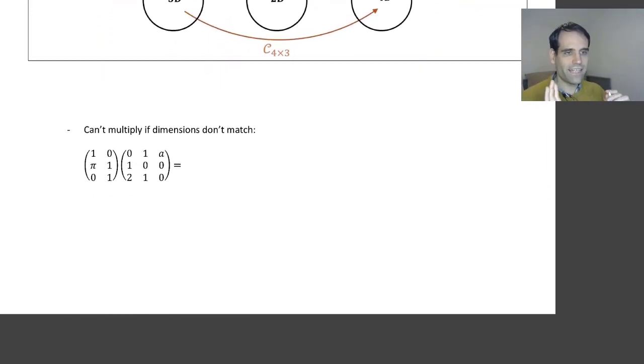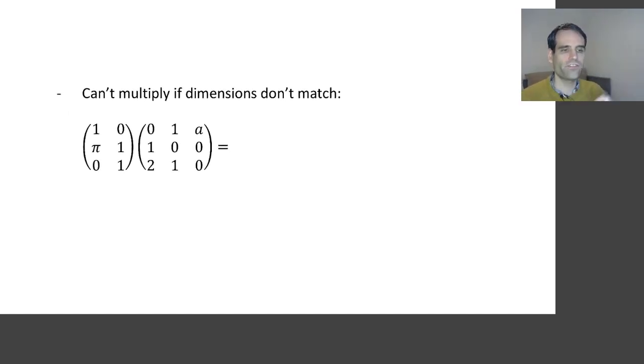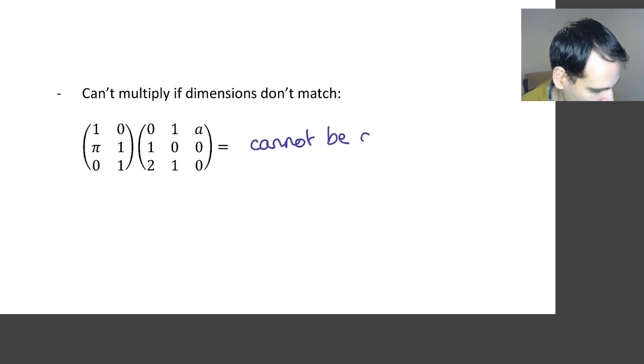Now, of course, this means that you cannot multiply matrices if the dimensions don't match. So for example, if someone asks you to multiply these two matrices, the answer is cannot be done. Dimensions don't match.